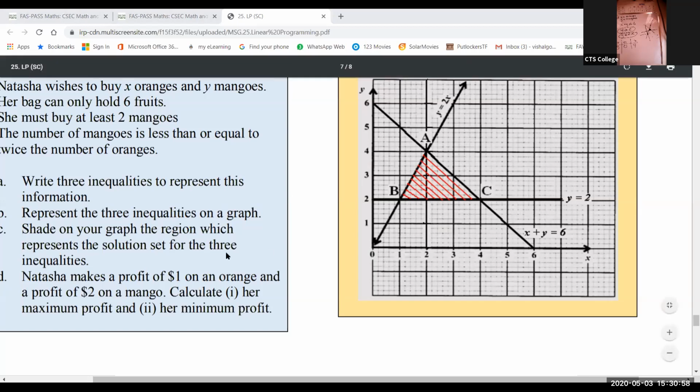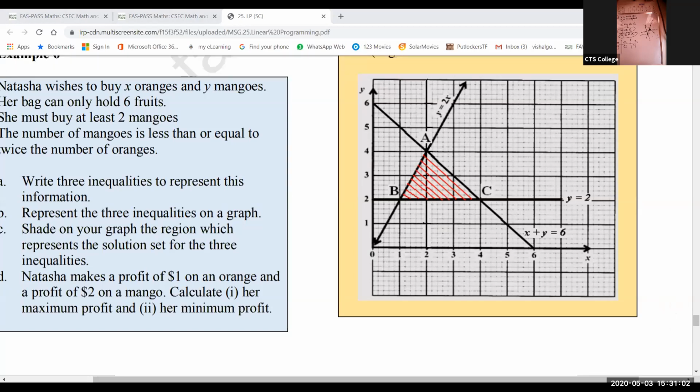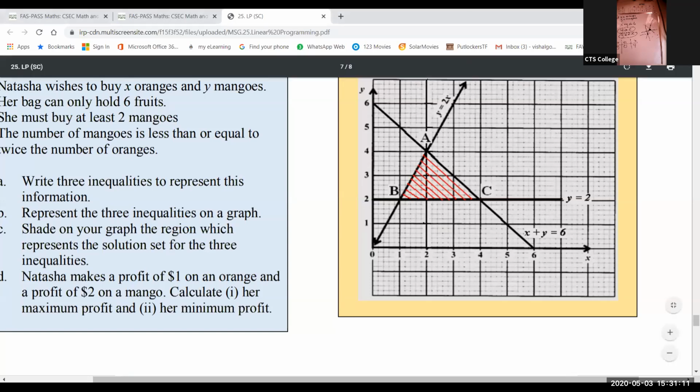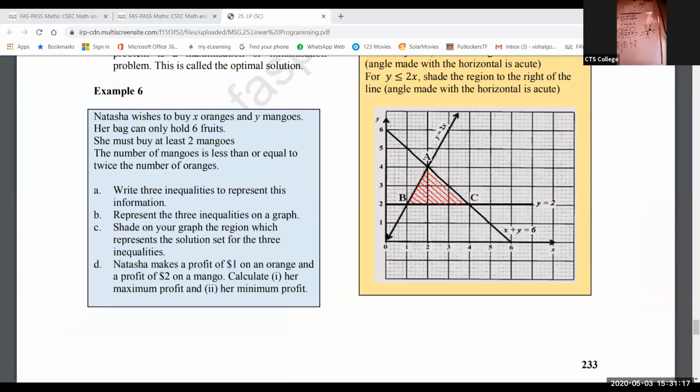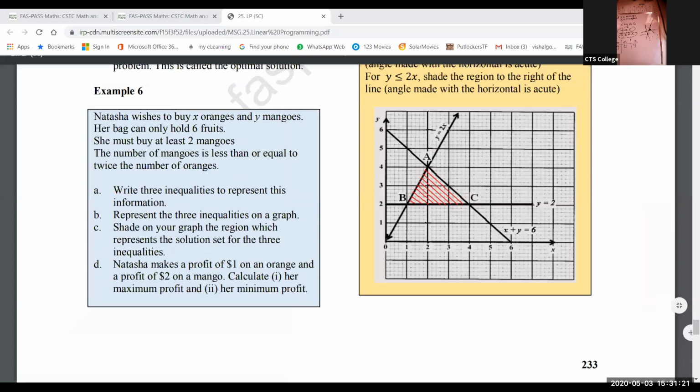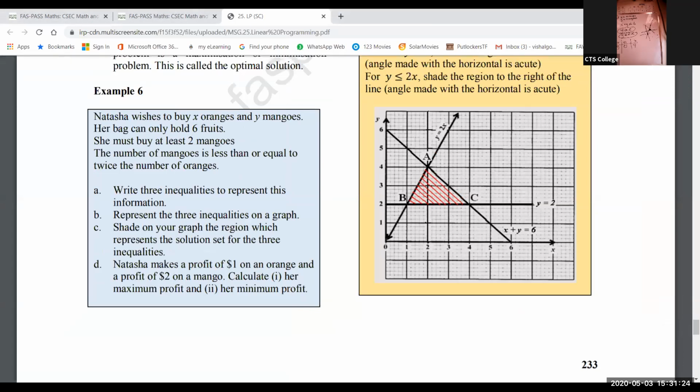Okay. Let me go back to Microsoft Paint, right? We'll do it on Paint. This will require us to know the linear programming theorem I was talking about.